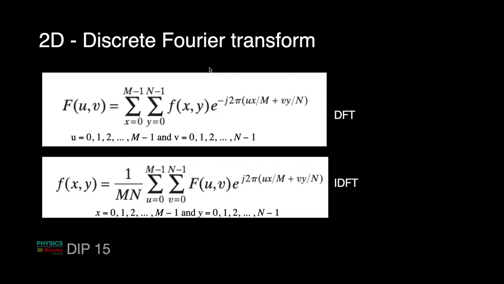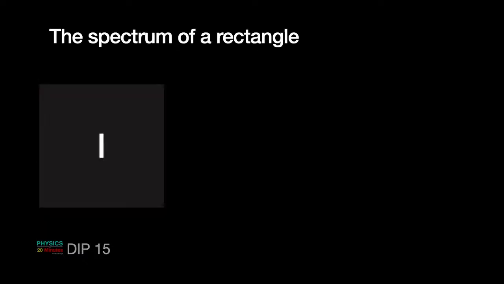But from an image processing point of view, all we need is a brief idea about how to use the equations that convert a spatial domain signal into a frequency domain signal, and how a frequency domain signal goes back into the spatial domain. The rest is the use of software to achieve what we want. So in the next part of the lecture, I'm going to talk about that.